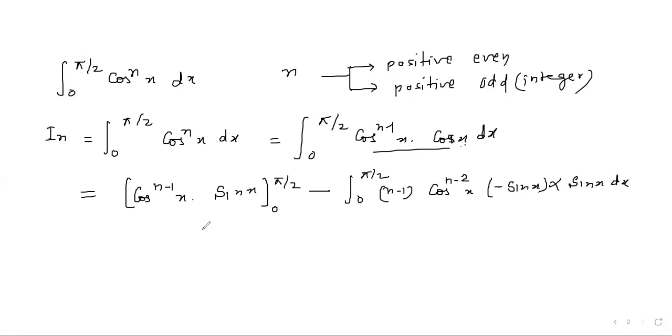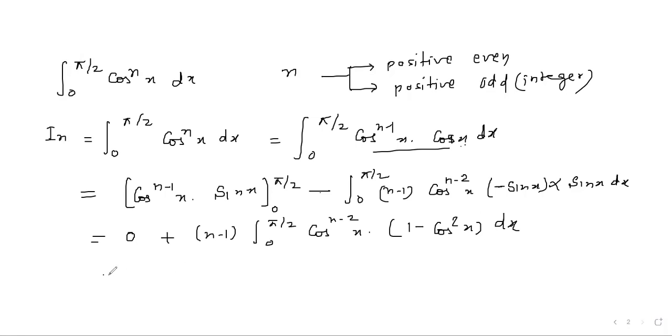So here, if we put the limits, when we put 0, this term will become 0. When we put pi by 2, this term will become 0. So ultimately, this will be 0. And here, this is a minus sign, this is a minus sign. So we can write plus n minus 1 integration 0 to pi by 2 cos n minus 2 x times sin square x, which can be written as 1 minus cos square x dx.